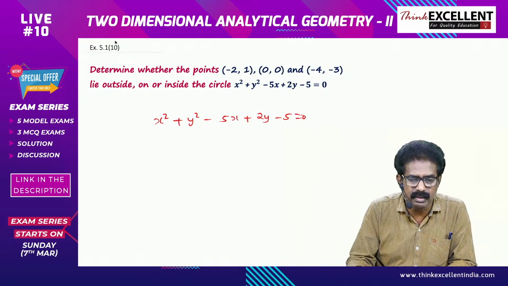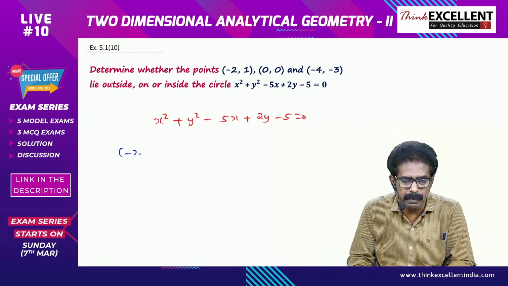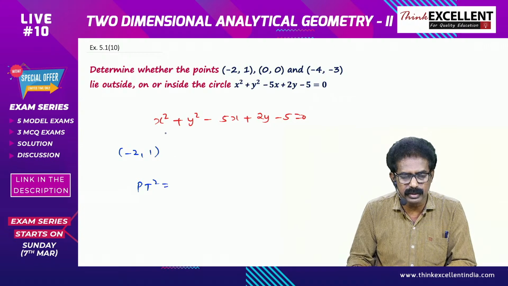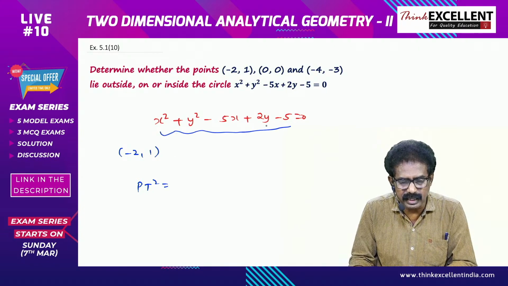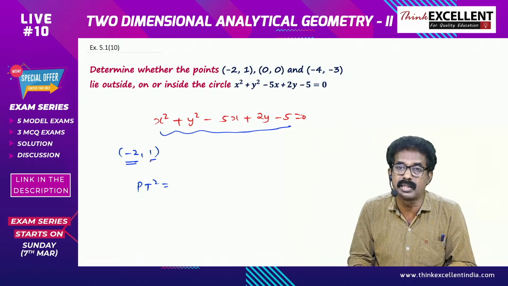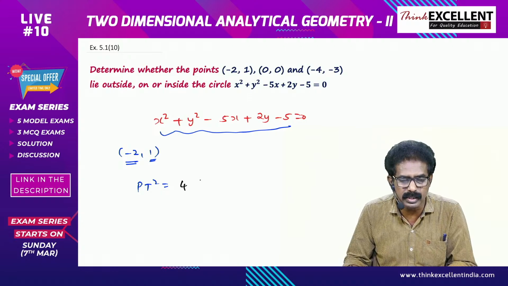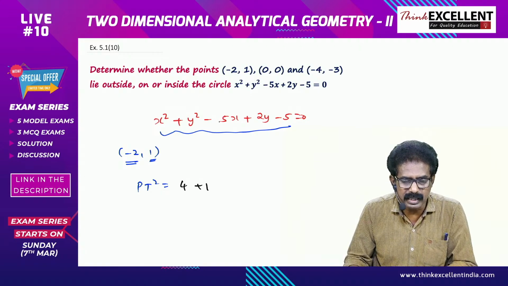Okay, let us see the first one. First one is minus 2, 1, right? We find PT square. What should we do? Wherever x comes on the left side, give minus 2, and wherever y comes, give 1. For x you put minus 2, minus 2 square is 4, y square, 1 square, it is 1. Minus 5 into minus 2, it is plus 10.